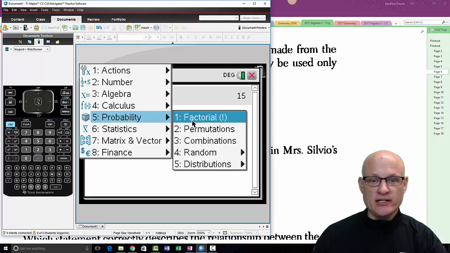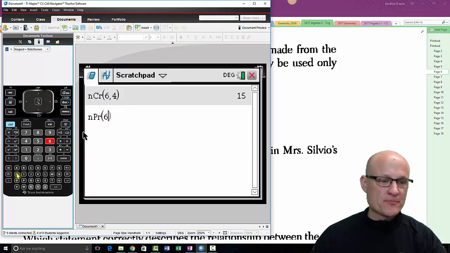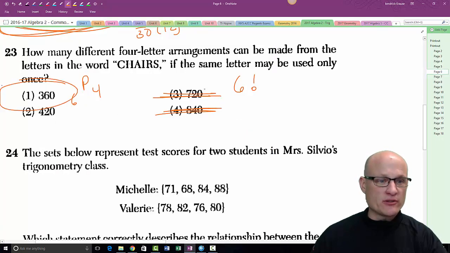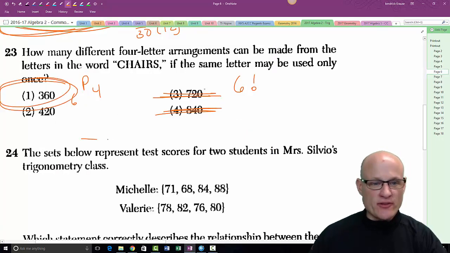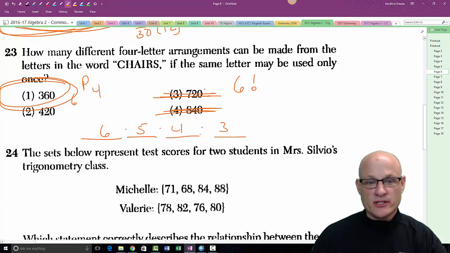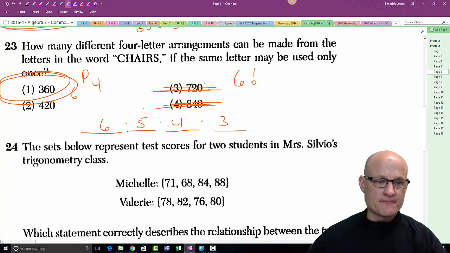It's a permutation. 6, comma 4, and we get 360. Choice 1. You could have also just done 6 times 5 times 4 times 3, because 30 times 4 is 120, times 3 is 360. So the answer is 360.